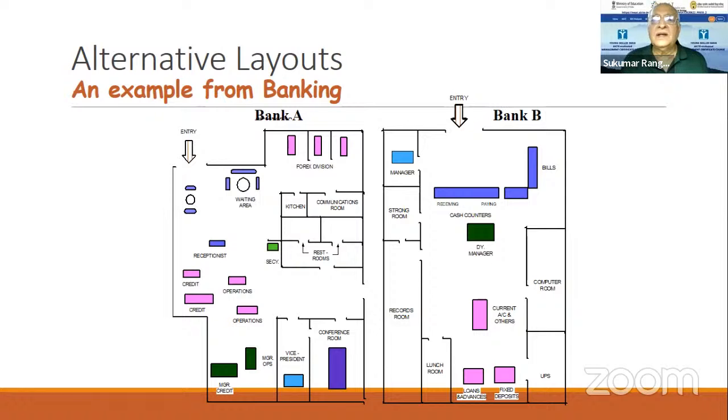So you have to design facilities in such a way that this is possible. Of course, there are limitations on the layout and limitations on the facilities available. And each bank, each hospital, each hotel has its own way of arranging those facilities.